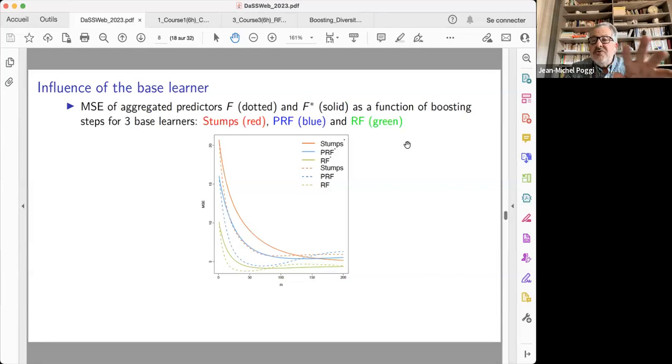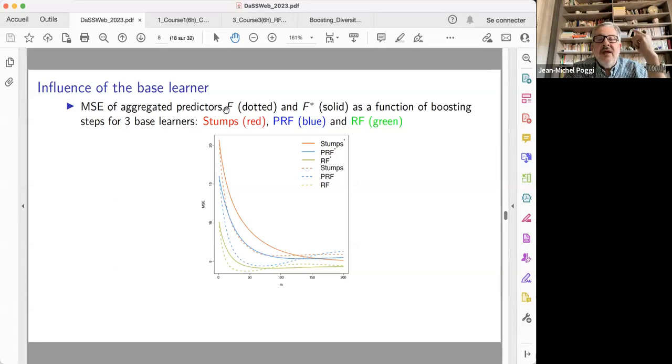So now we could have a look at the difference with respect to the Bayes learner you use. In this graph, you have exactly the same quantity on the x-axis and y-axis, and you have the evolution of the mean square error of the aggregated predictor at F and F star.